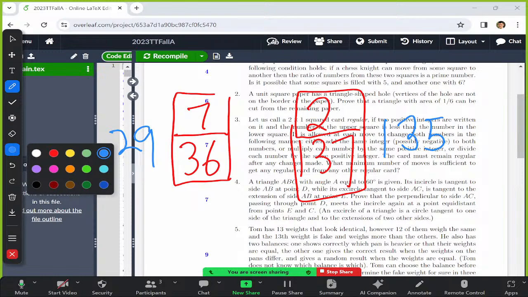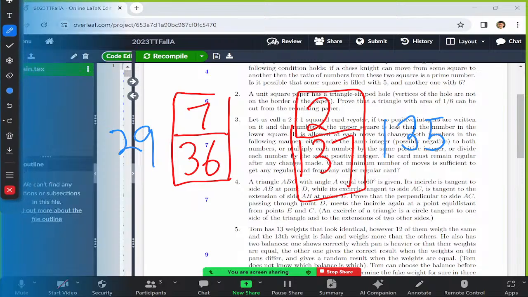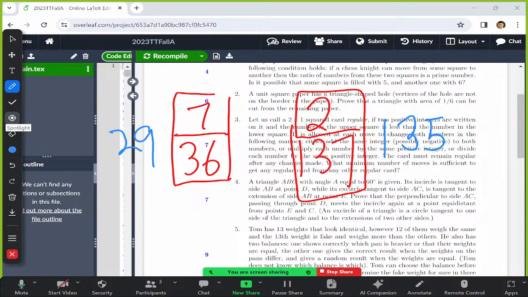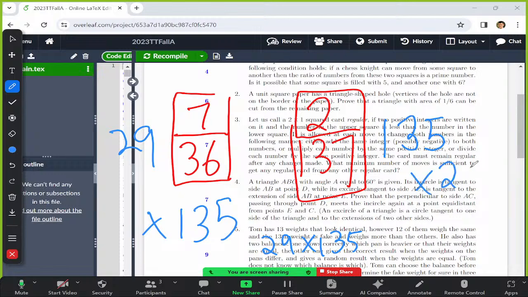Okay, so can you see that? If I multiply this by 135, can you see the difference would be 29 times 135? And if I multiply this by 29, then the difference would also be 29 times 135.